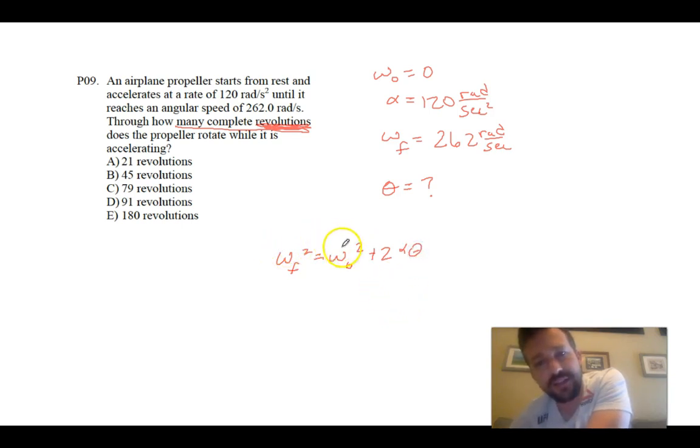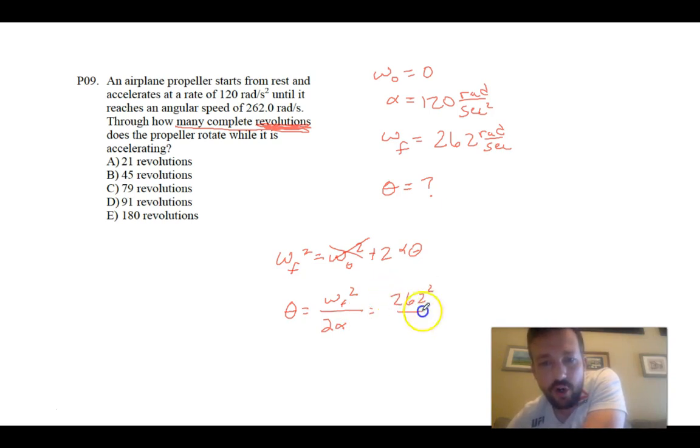I have this, this is 0, so I can cancel it out. 2, alpha is 120, I'm looking for theta. If you solve for that, theta is equal to the final angular velocity squared divided by 2 alpha. And that's going to be 262 squared over 2 times 120.